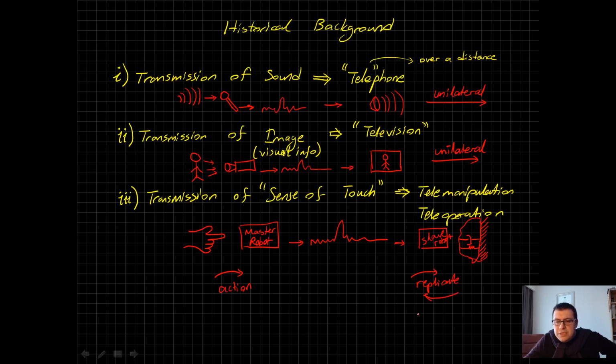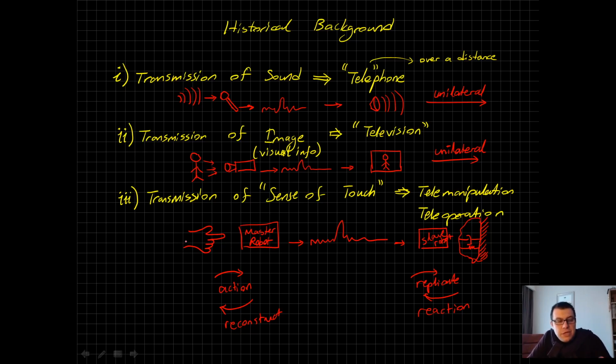A reaction is generated, and this reaction is reconstructed here. So you give the action, this replicates, but throughout the operation, throughout the manipulation, you come up with certain forces between the slave robot and the slave environment. And these forces are also fed back to the human operator so that you can feel the sense of touch.